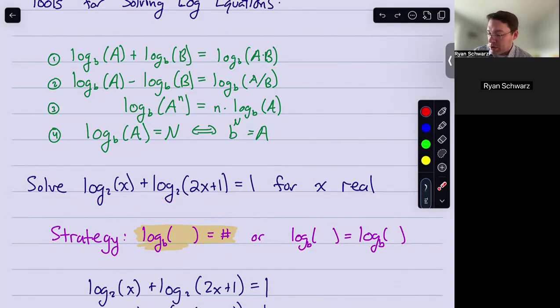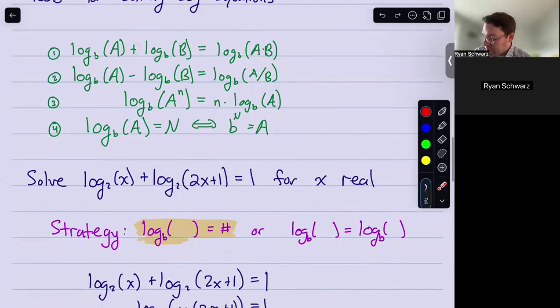And this is where I want to look at the tools up here. So these are the main tools that I have for this specific application. What I'm given is log of something plus log of something. Whenever I have log plus another log and the base is the same, then I can consolidate those into one logarithm. And what the log rule says is that I'm transforming addition outside the logs to multiplication inside the logs.